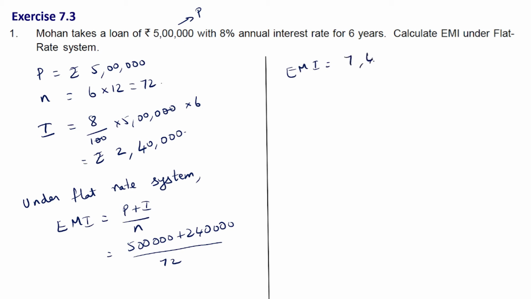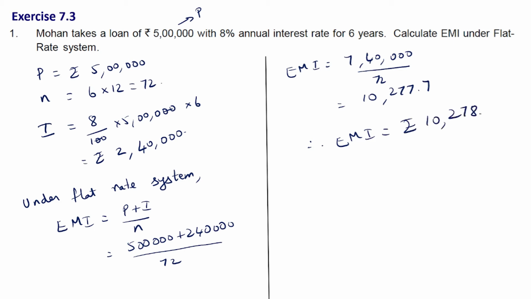It is 7,40,000 upon 72. When we simplify we get 10,277.7. Therefore, EMI equals rupees 10,278. So this much is the EMI if it is calculated using flat rate system.